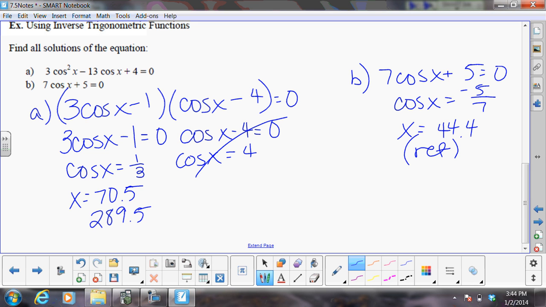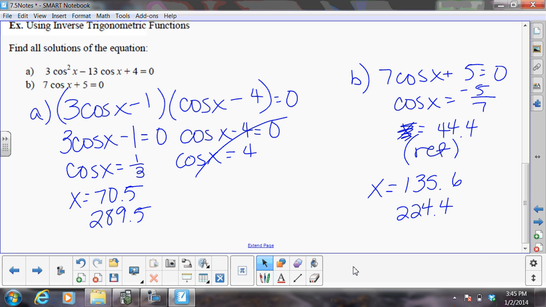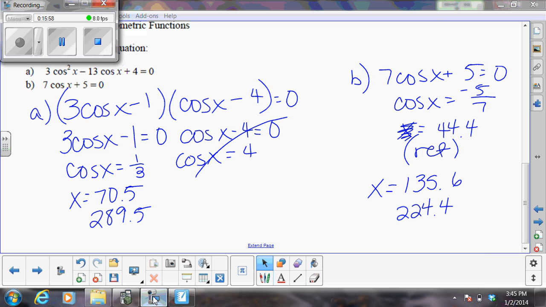Make sure that you know that. That's the reference angle because we are talking about negative cosine. So we're talking about quads 2 and 3. So you probably shouldn't write x equals there. That's the reference angle. X does equal 135.6 for quad 2 and 224.4 for quad 3. And that would wrap up chapter 7.